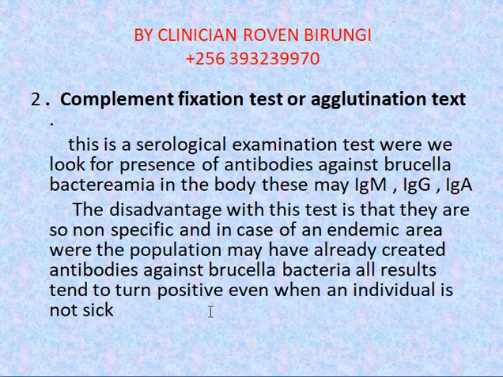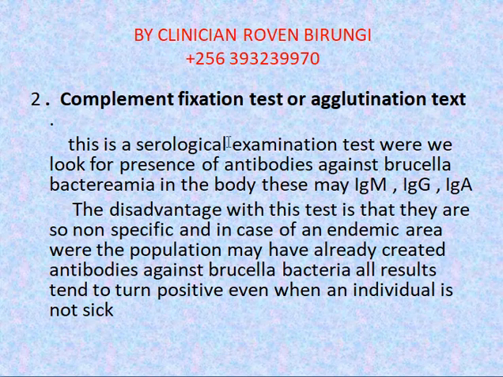The second method we can use for diagnosis of brucellosis in the laboratory is a complement fixation test or an agglutination test. These two are serological examination tests, where we are looking for the presence of antibodies against Brucella in the body.